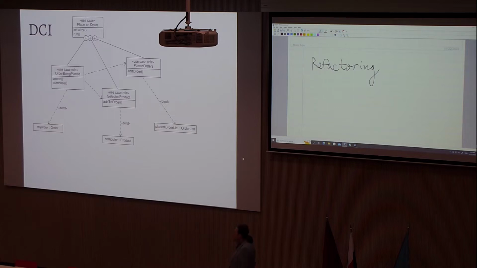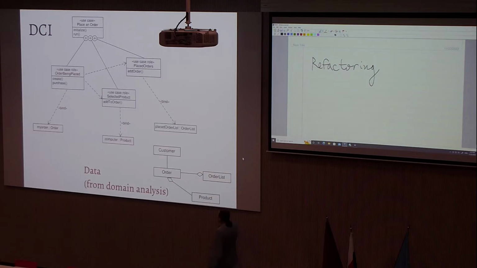Additional emphasis on this perspective is observable in the DCI approach, the data context interaction approach. It relies on the idea that the data is the basis, and use cases are actually the variable part, the things that we count on changing. More of this comes from data analysis, so these are the things that we will know from the domain.